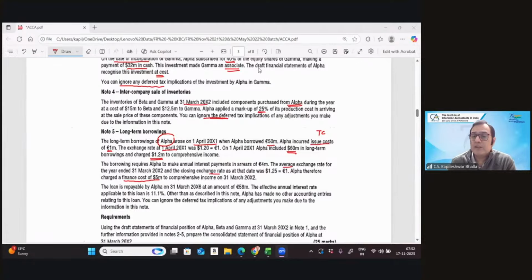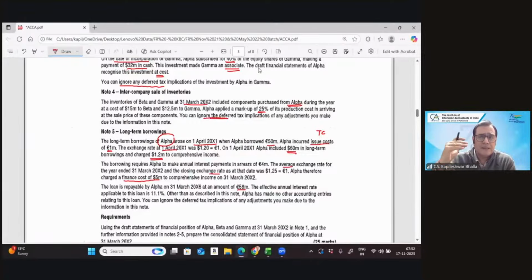Then he says the loan is payable on March X6 at 58 million. So that of course means it's going to be paid at a premium. And then it says the EIR is 11.1%. So he's already given you the effective interest rate, considering a TC, considering a premium, which is payable on the redemption. Other than that, described in the note, Alpha made no other accounting entries relating to this loan.